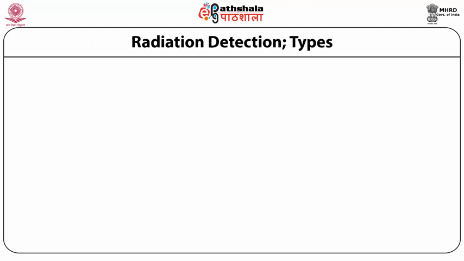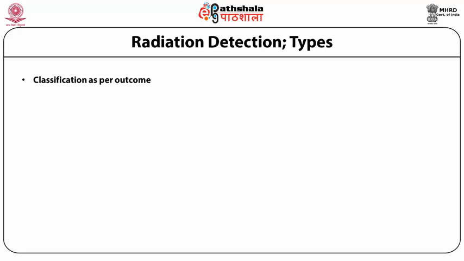Radiation detection types. We are going to discuss what kind of detectors are available for radiation detection. So classification as per outcome means when the radiation hits the detector, what is the result of that radiation interaction.